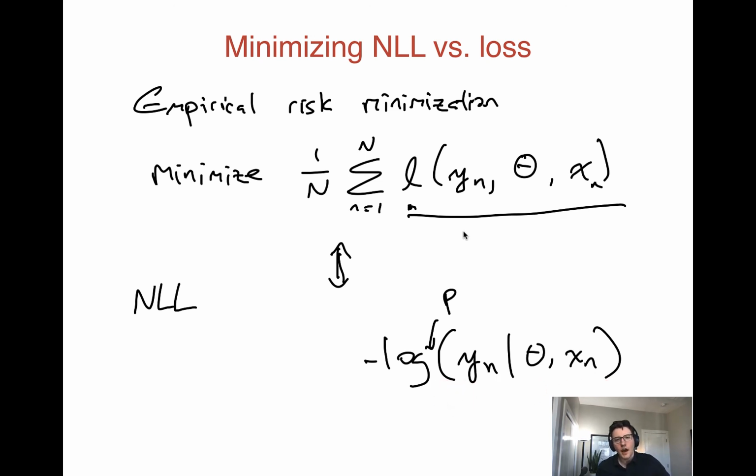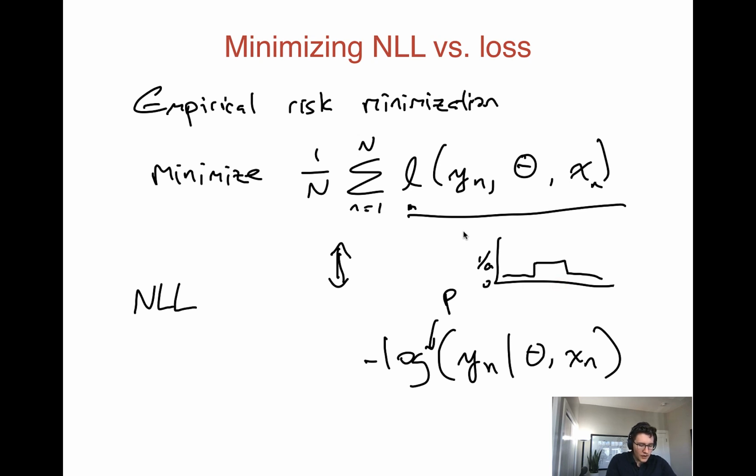Sometimes you can even go in the opposite direction. For example, let's say the probability distribution I'm using for my negative log likelihood is the uniform distribution. Let's remind ourselves what that looks like. Here's my uniform distribution. It looks like 0, and then 1 over A, where A is the total length here.